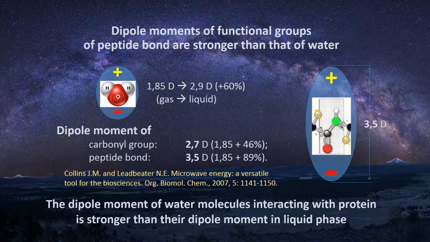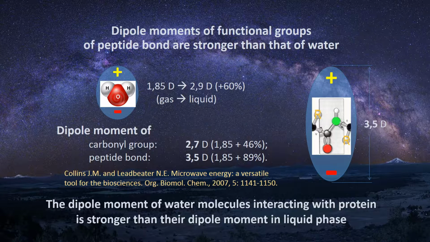Peptide bonds contain such stronger dipoles. The dipole moment of the carbonyl group is 46% more than the own dipole moment of water. The dipole moment of a peptide bond is nearly twice the own dipole moment of water. These factors contribute to water binding by the protein peptide backbone with the formation of an adsorption layer on the molecular surface of a protein.